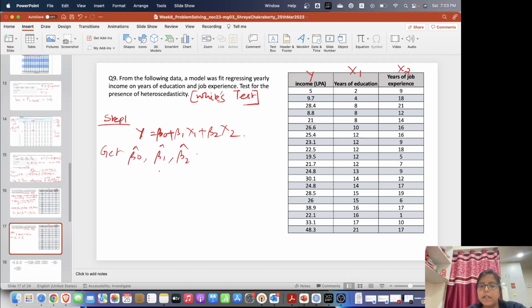So how are we going to get it? We have to first write down the model matrix.